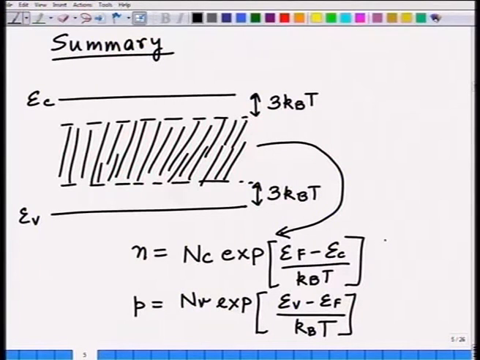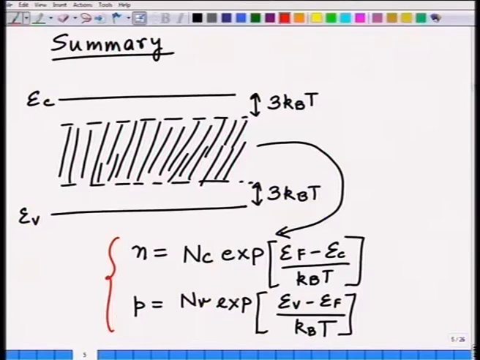All right. So these two formulas are valid if you are 3 kBT away from the band edge.